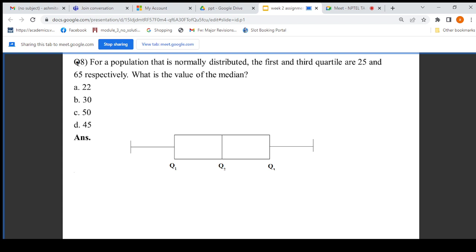Quartile contains 25% of the population. Yeah, if we consider the total population as 100 and divide it into 4 sections, the first part is known as quartile 1, or the first quartile, the second one is quartile 2, and the third one is quartile 3. So what is the relation between the median and the quartile?